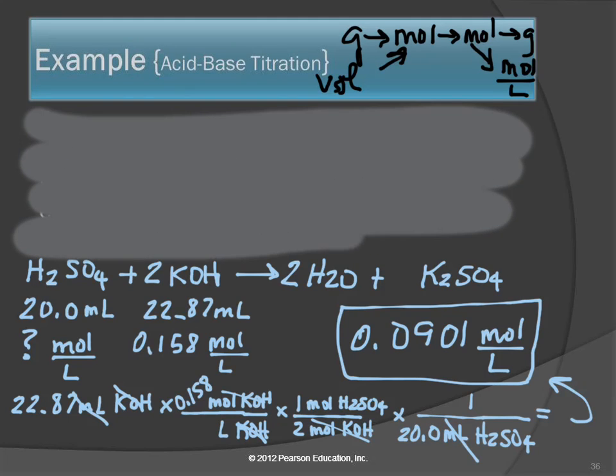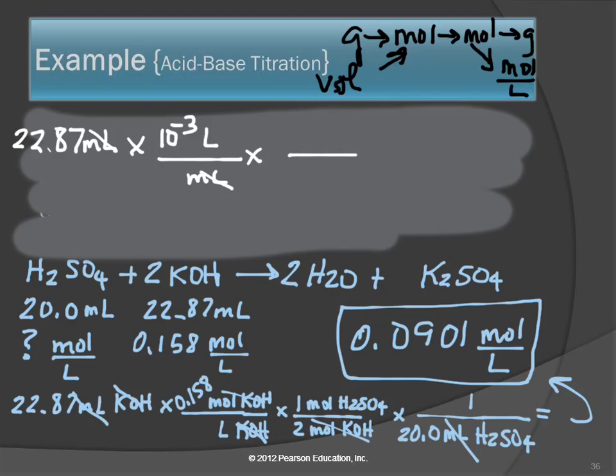So let's just make some room here and do it again. If here we're going to start with 22.87 milliliters, and we're going to convert to liters. So that would be 10 to the minus 3 liters per milliliter. The milliliters cancel out. And then we're going to go to the 0.158 moles per liter, and the liters cancel out.